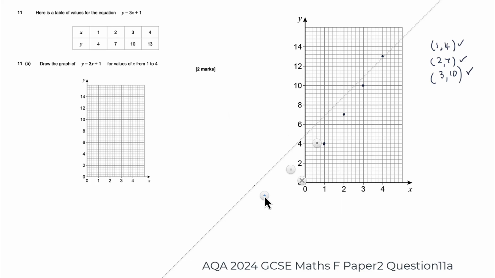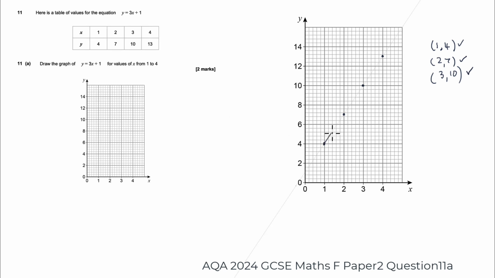Let's get the ruler onto this and we'll try and be as accurate as we can with this. Oh, I think that's pretty good. Let's draw a line. Now it's from x being 1 up to 4, so let's not go beyond that.